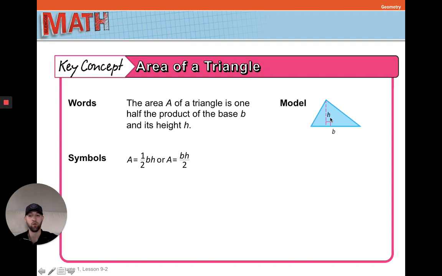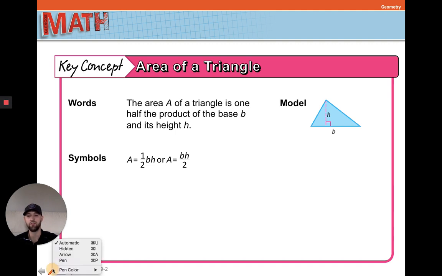Again, going back to when you go to the doctor, they make sure they tell you to stand up straight when they take your height to figure out how tall you are. Because if you are tilted back or diagonal, they're not going to be able to get your true height. They need you to stand straight up and down. That's why we use this straight up and down line and not the diagonal lines of the triangle for your height.